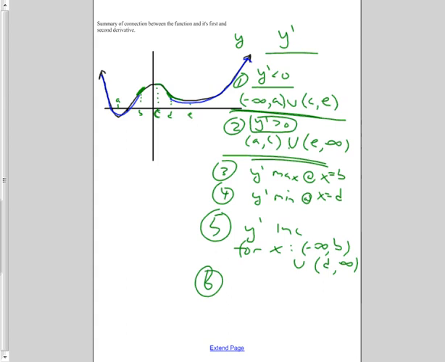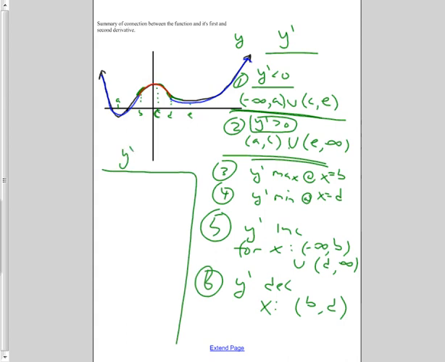And it's decreasing in the red areas, so my slope is getting smaller and smaller there. It's decreasing for x between b and d. Okay, that's a lot for y prime.